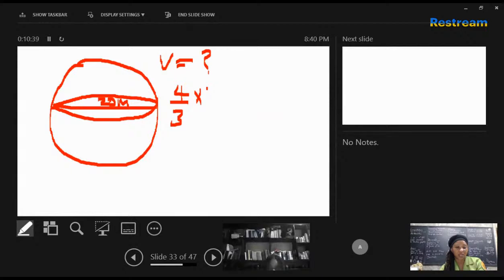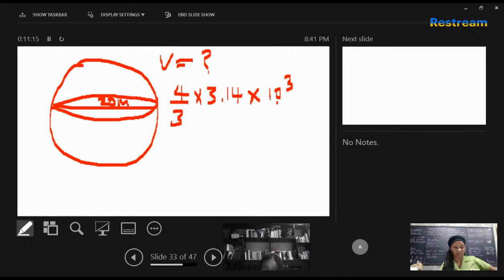Using pi as 3.14, times 10 cubed. But where did 10 come from? Where does 10 come from?